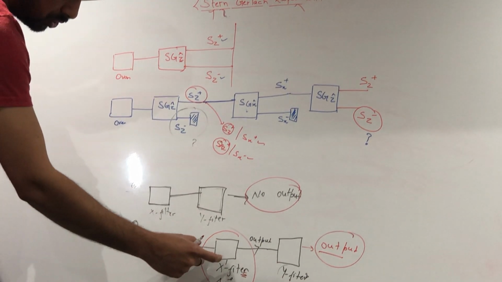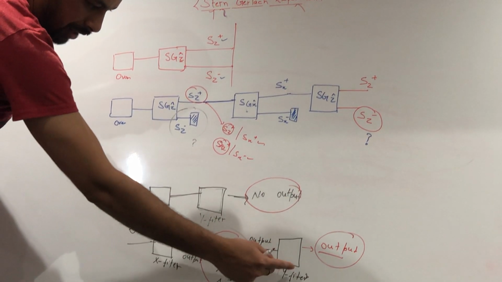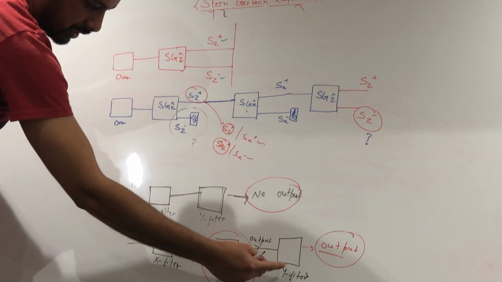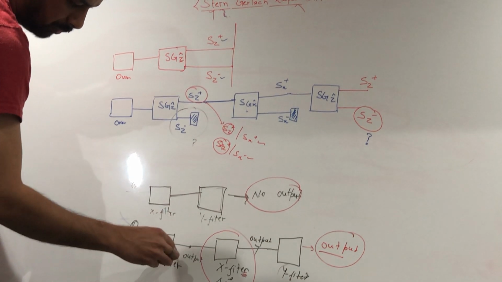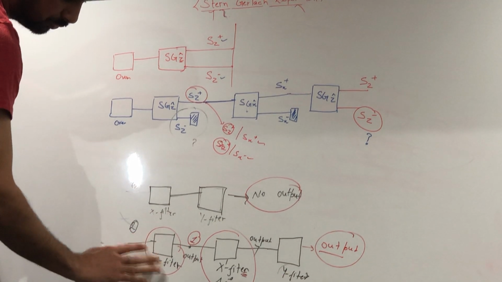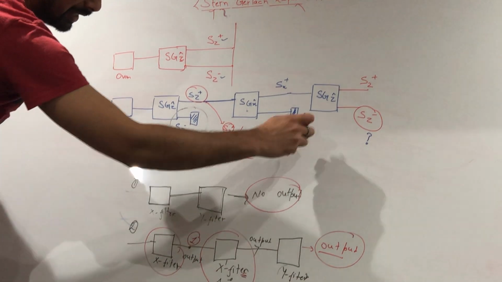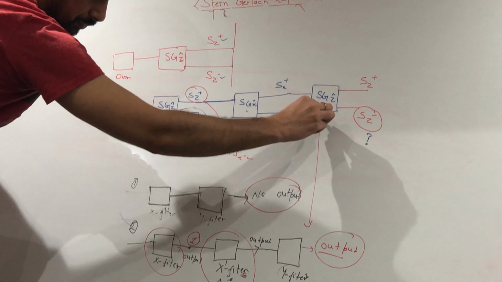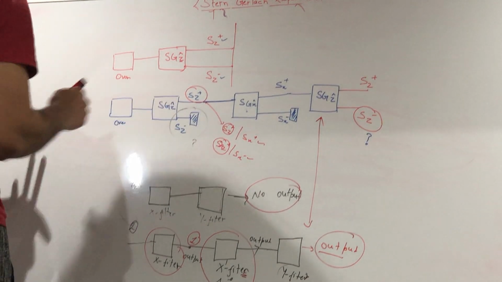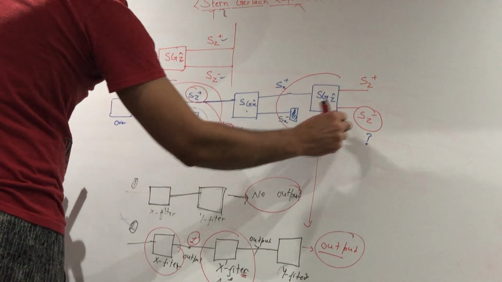So the output coming out of the X filter and fed to the Y filter is of no concern to the Y filter; whatever is done by the X filter does not matter. Similar is the case here: whatever is the output of the SG X is of no concern to this.